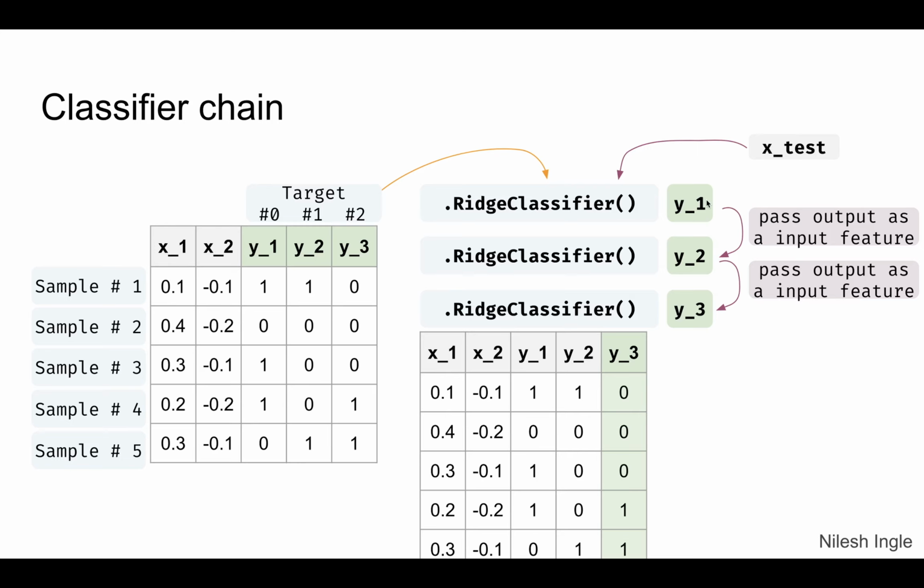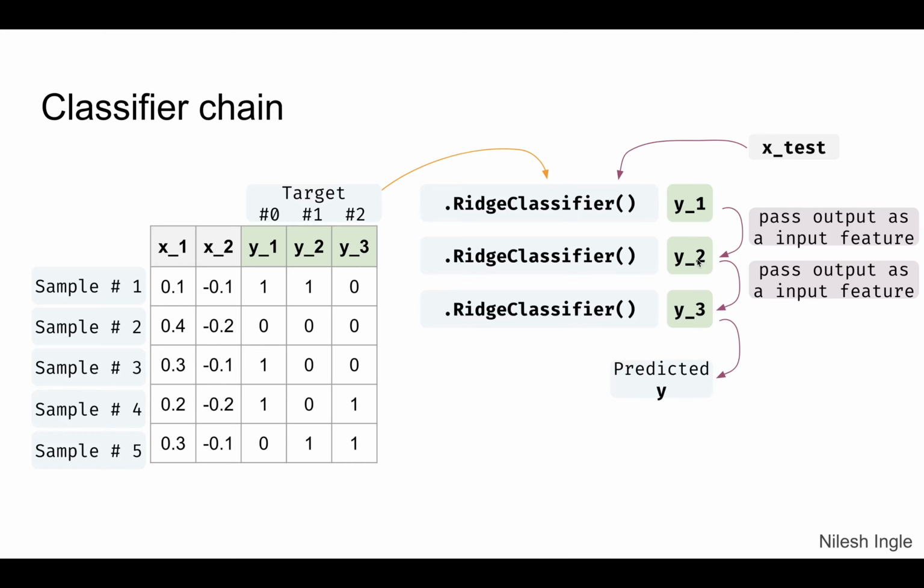In those cases, the predictions from each of those models would be used as a feature in the following model. So the prediction from the first classifier, let's say ypred1, would be used as a feature when the second classifier is training, and finally you have the predicted y as an output from this classifier chain.